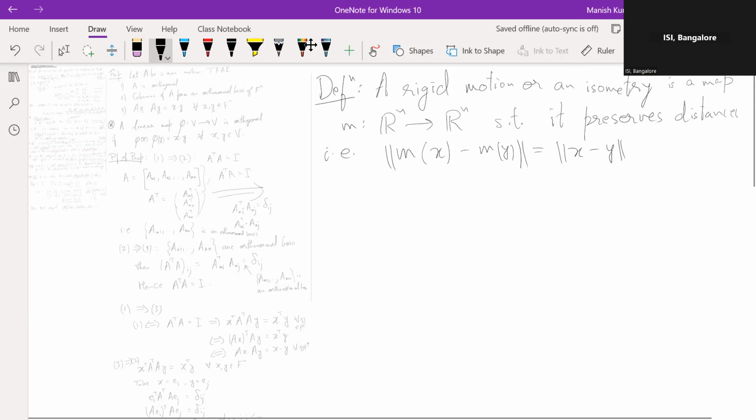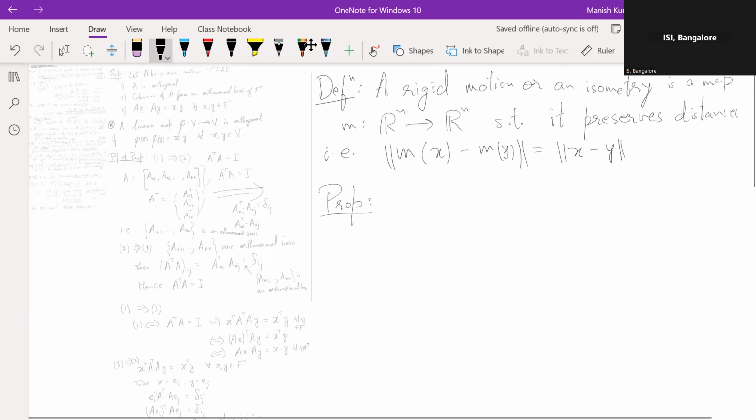So, I mean, orthogonal matrices are sort of like rigid motions. Okay. So maybe a proposition.